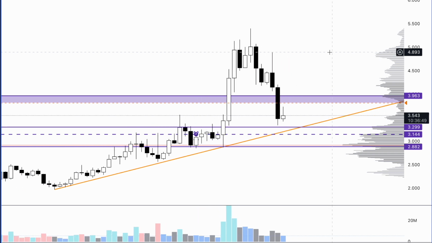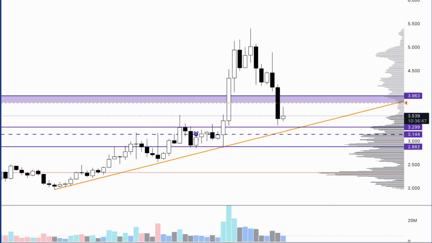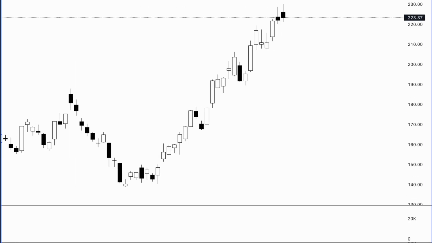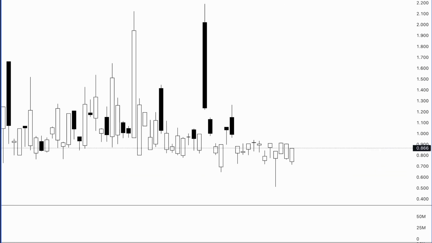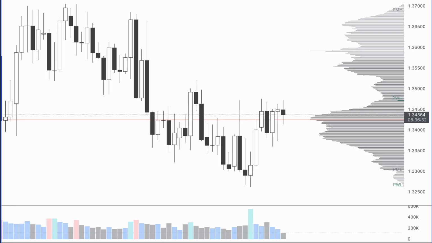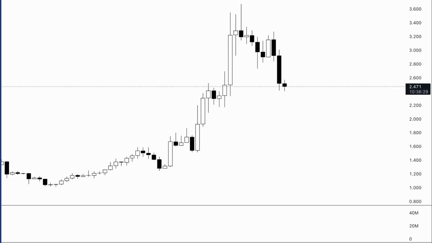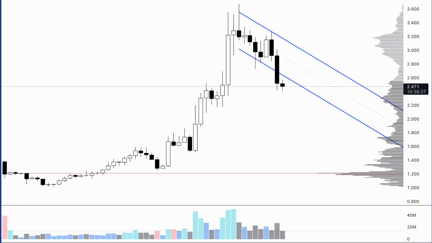Sometimes I just look at it. Sometimes I just go through, and I'll be looking at mask and I'll just scroll through charts randomly and see what catches my eye. Oh, that would have been a nice trade.